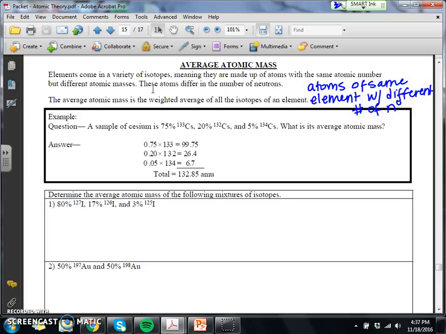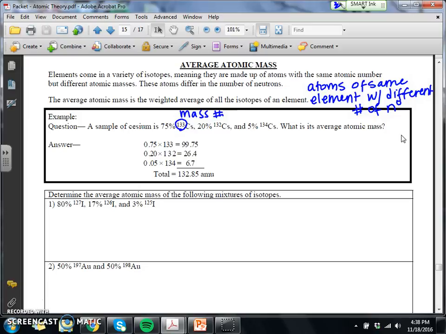what's in this box, okay? It says a sample of cesium is 75% cesium-133, 20% cesium-132, and 5% cesium-134. What is the average atomic mass? Now, as a reminder, this number right here refers to the mass number, or the mass of that particular atom.